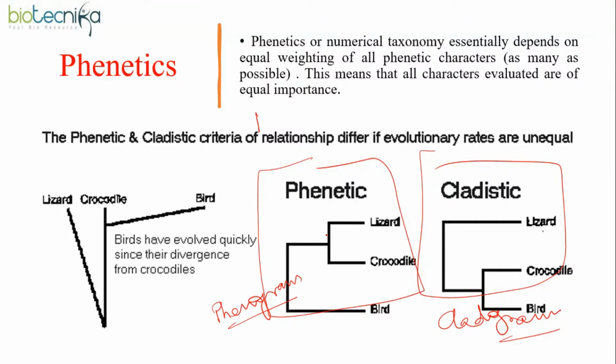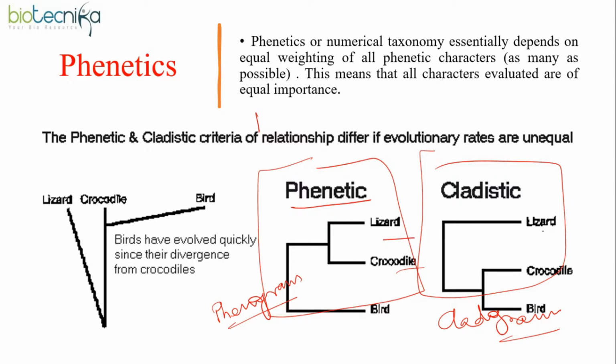Phenogram always classify organisms on the basis of similarity. So suppose here we can see that lizard and crocodile has been grouped as, okay, I'll get back to you everyone. Just let me finish off with my explanation. I'm taking up your questions. So do not worry. I will be answering your questions.